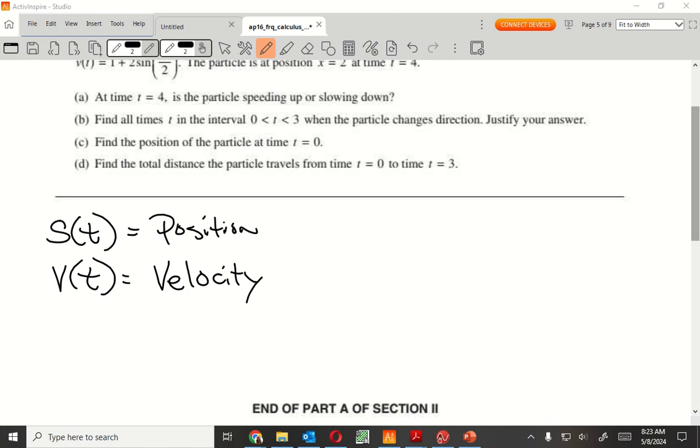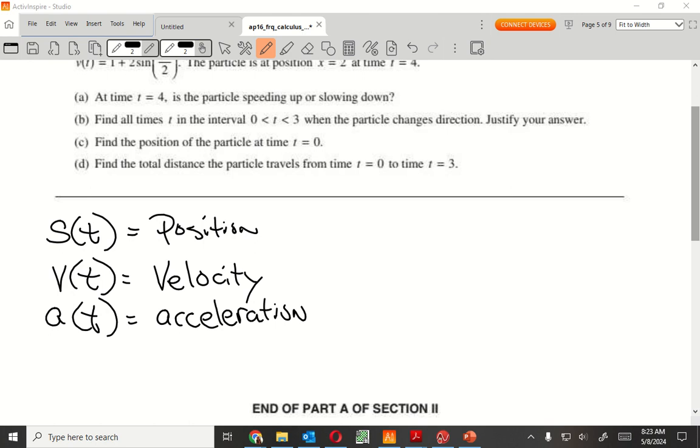And after that we have A of t, which is acceleration.